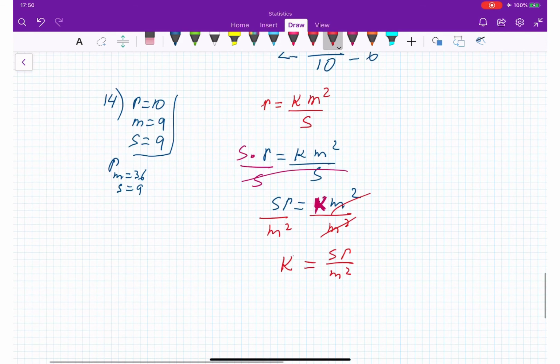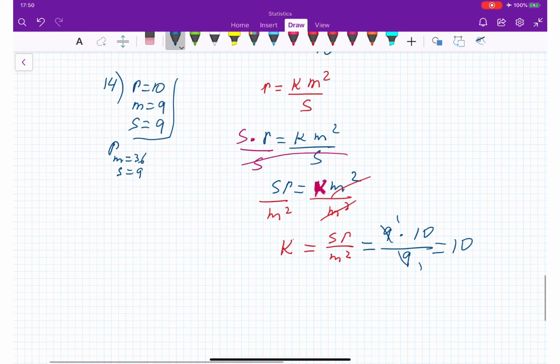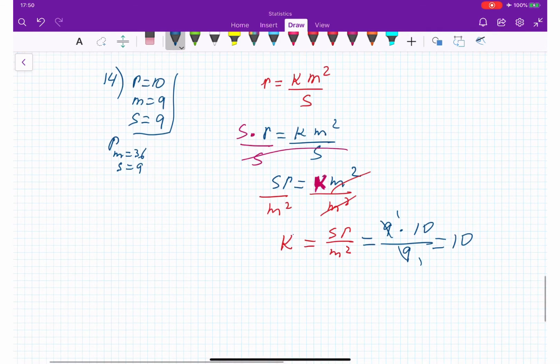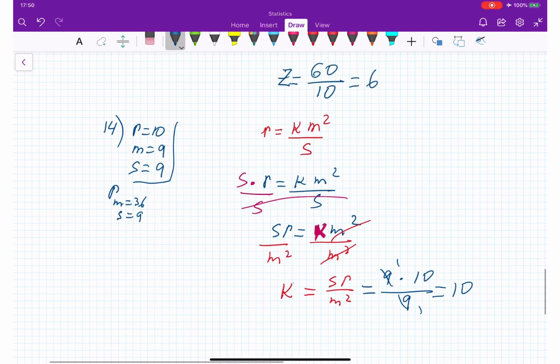All right, so let's see. K is equal to, let me plug in. S is 9, R is 10, m squared is 81, so 9 and 9, we get 10. K is equal to 10. All right, now we need to find this R given this.